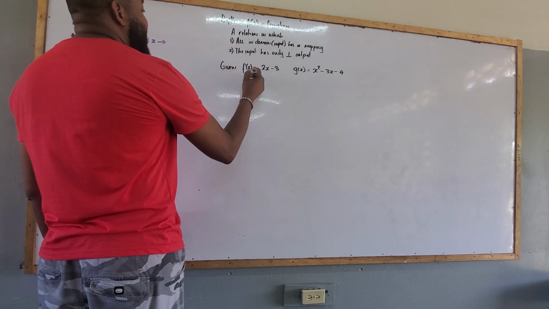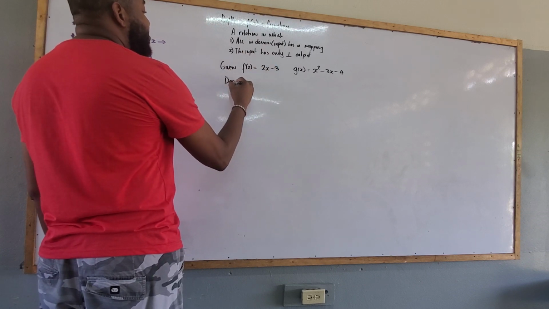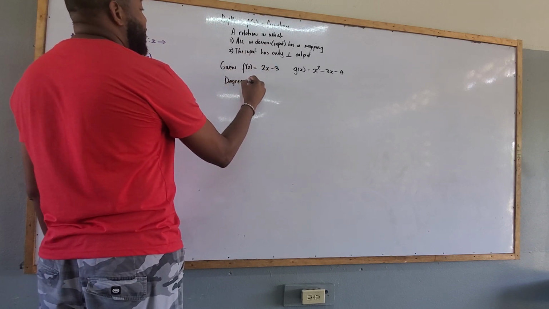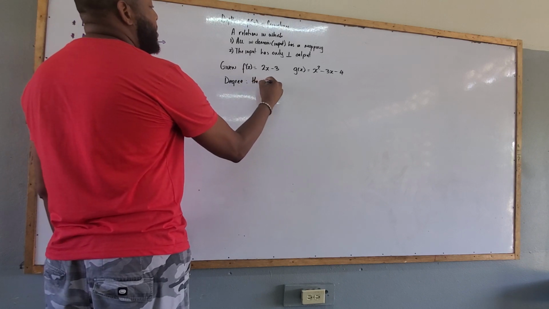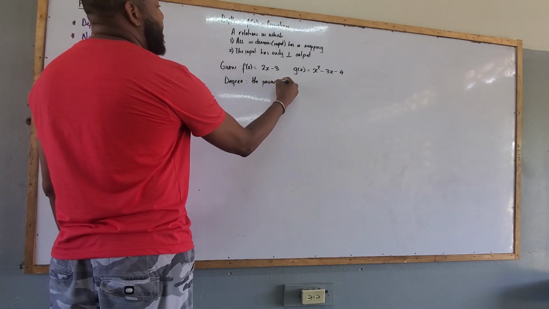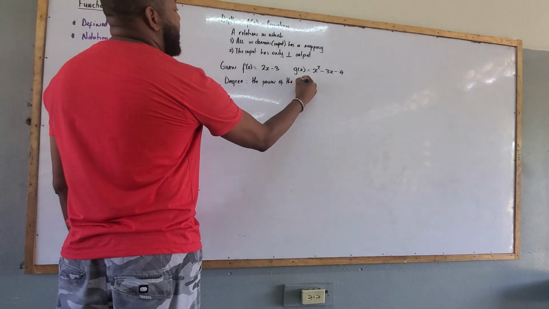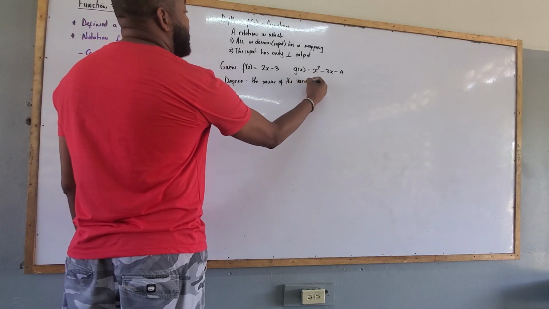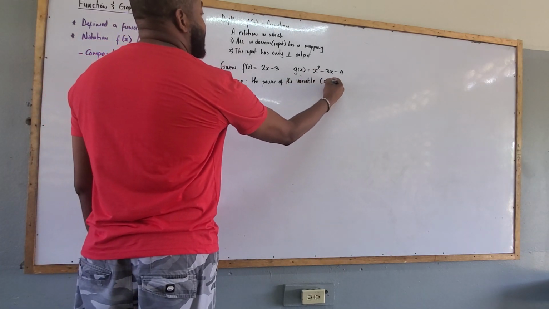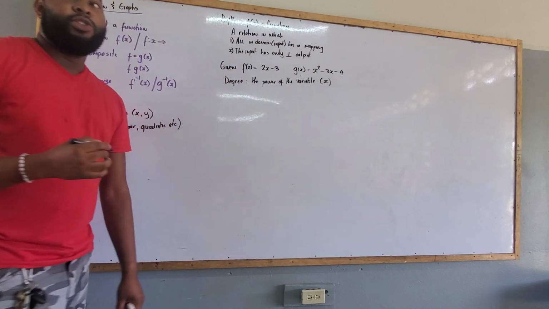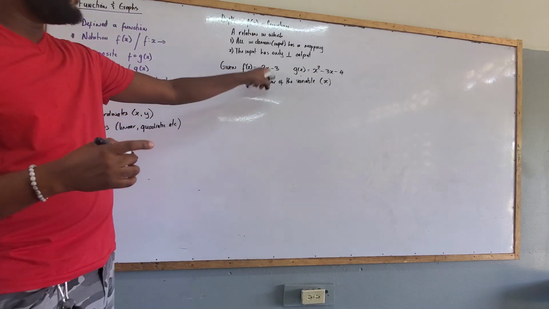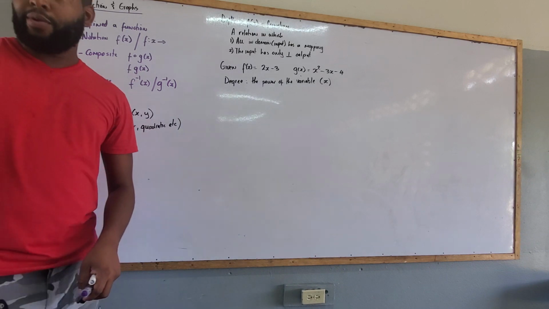How do we know? We talk about something called the degree. If I never used this term before, the degree is the power of the variable. In this case, our variable is x. What's the power of the variable here? If you don't write anything, the power is 1.